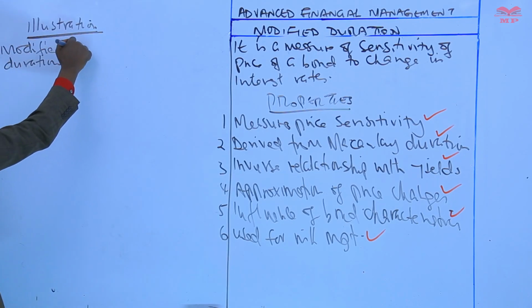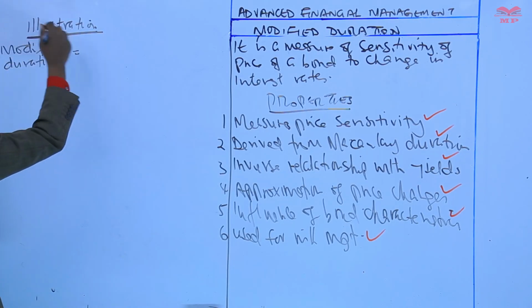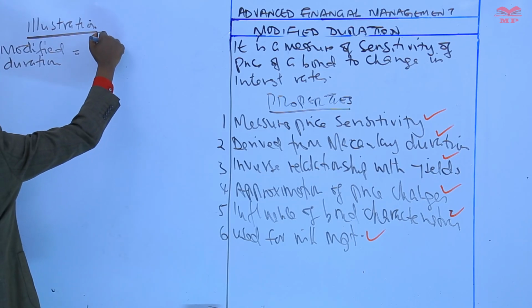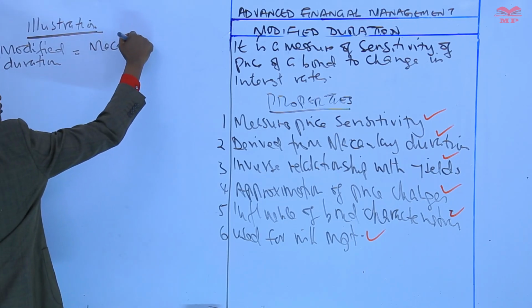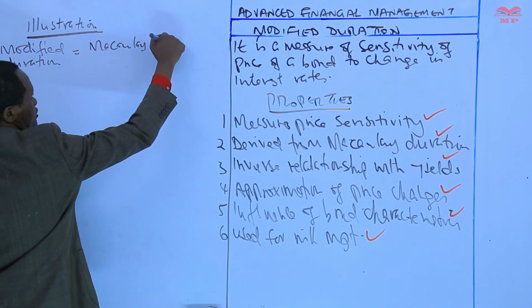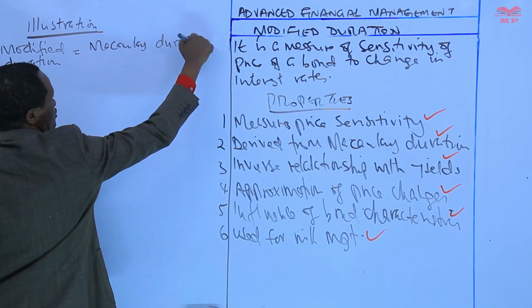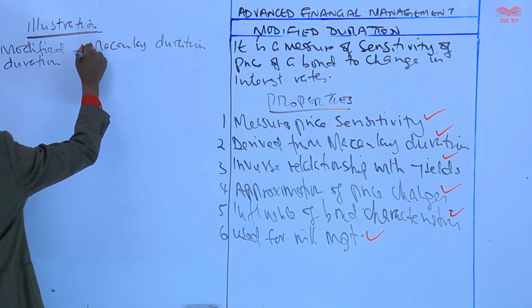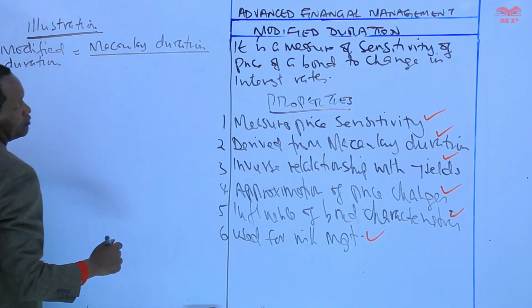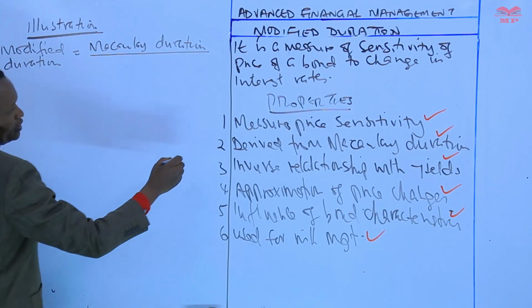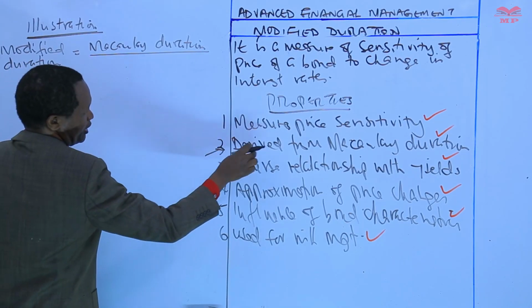We know the formula is equal to Macaulay duration. We first of all calculate the Macaulay duration, and you recall here we say that it is derived from Macaulay duration.